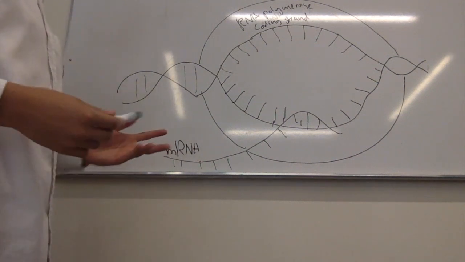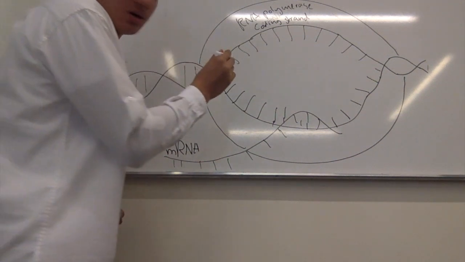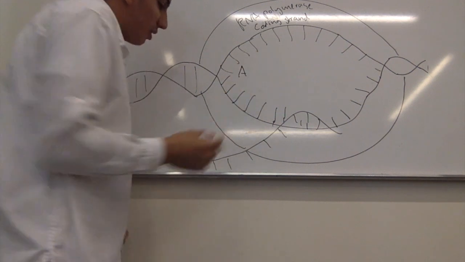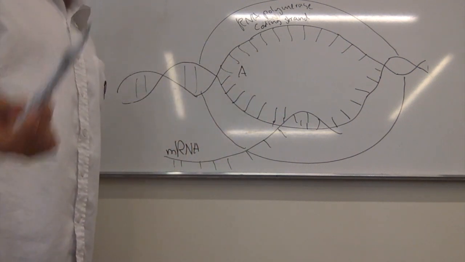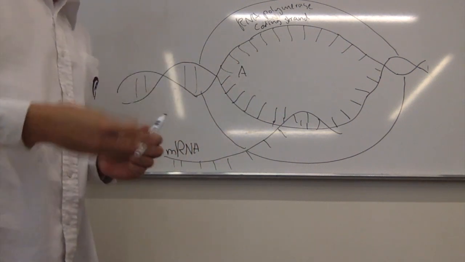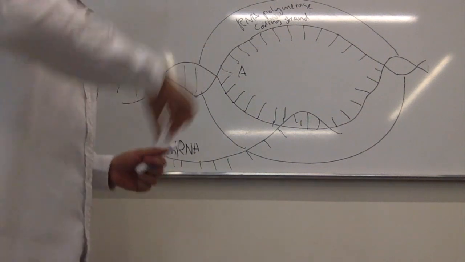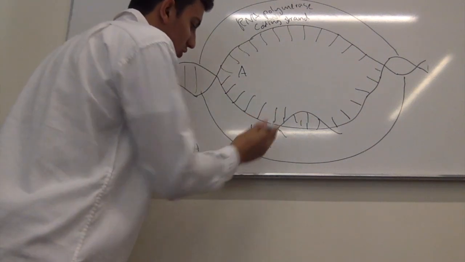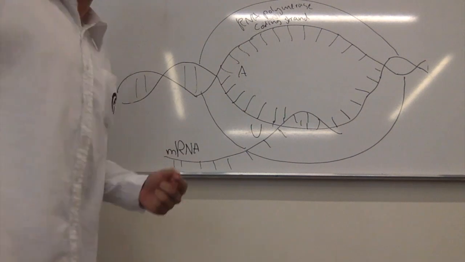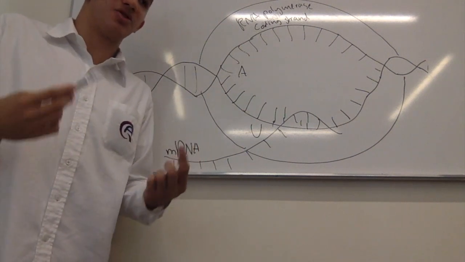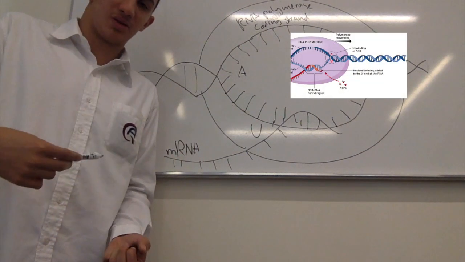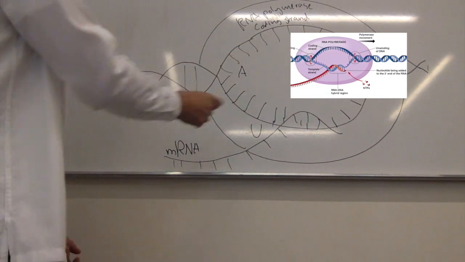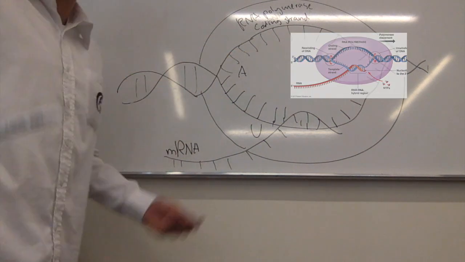And for example, if this base here is A, then basically the thing that will come out of the mRNA will be U. Remembering that RNA has, instead of T, uracil, which means that for A you'll get U, and C and G the same.